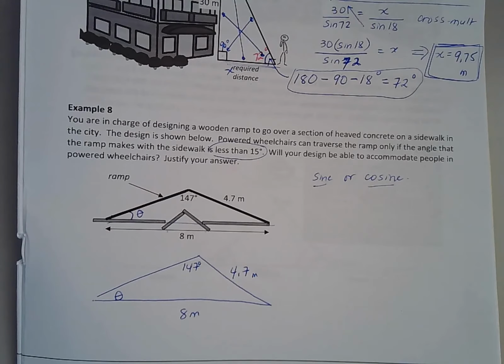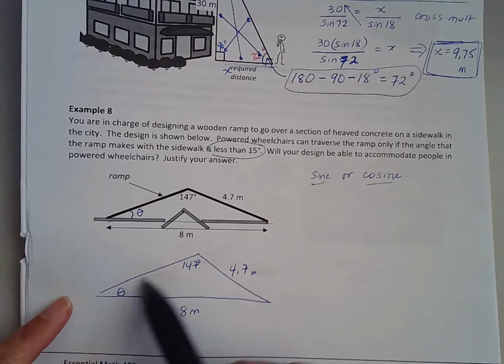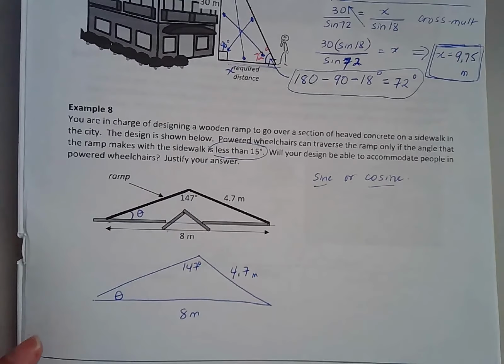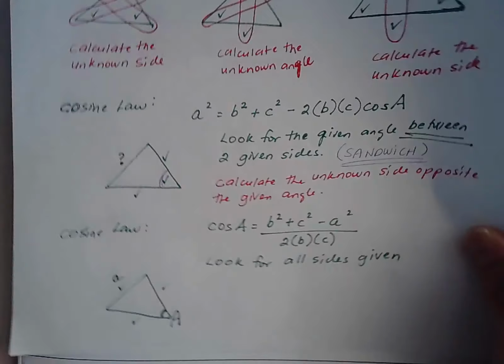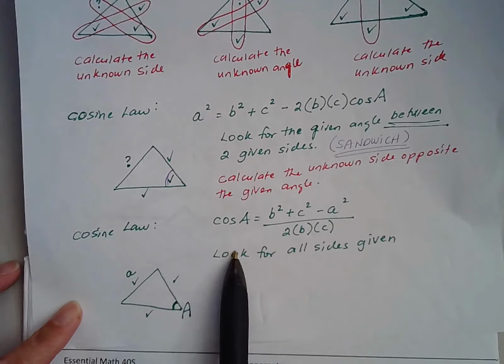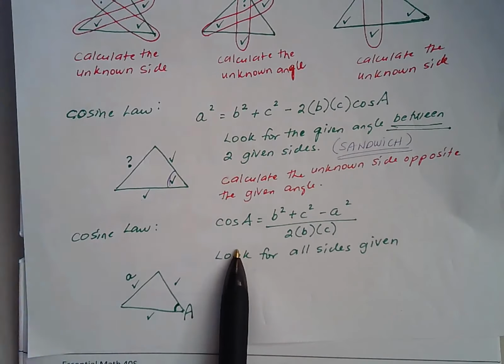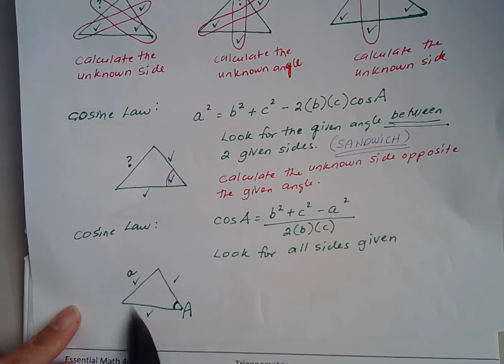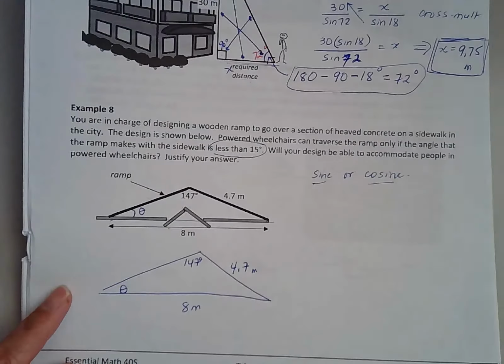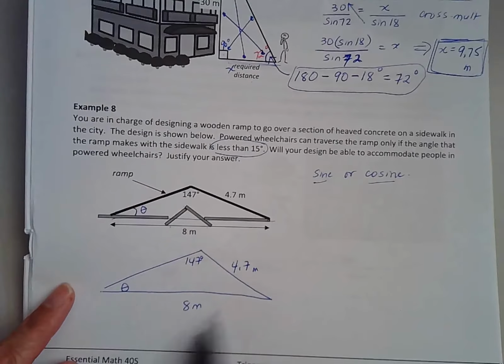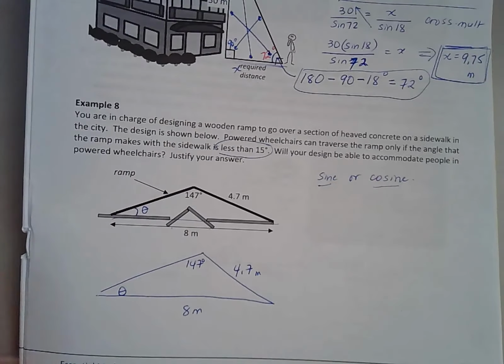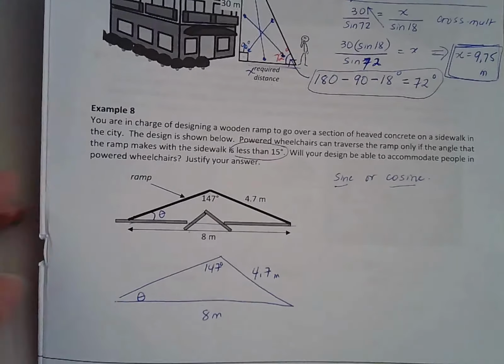No, so we don't have that one. And cosine law, to find the angle, all three sides have to be given. So that one is not that. So it has to be the sine law.